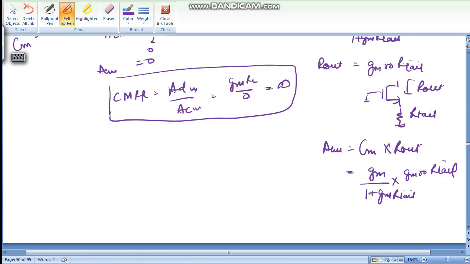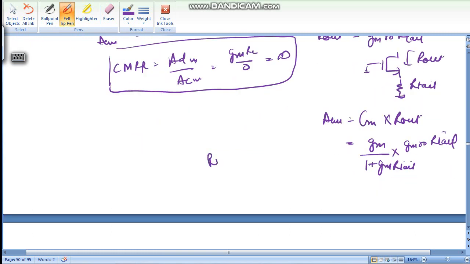Now suppose GM R tail is greater than 1, so it will be equal to GM RO. This is ACM.